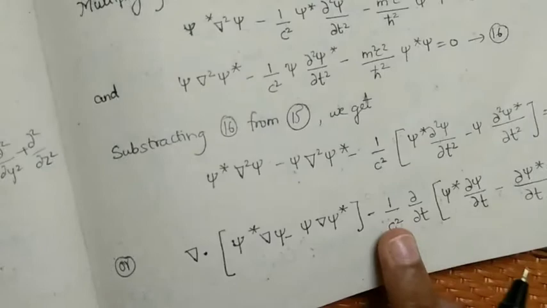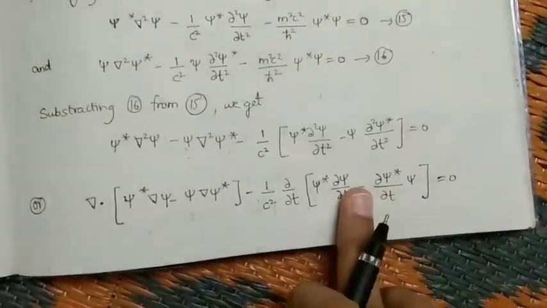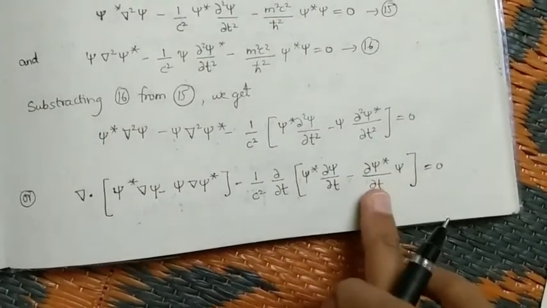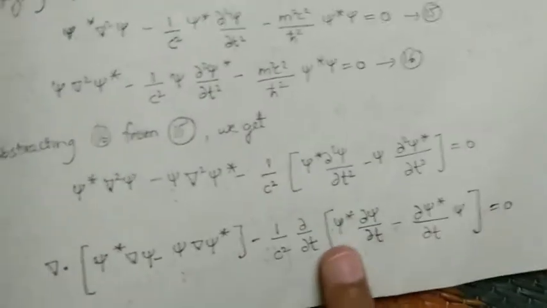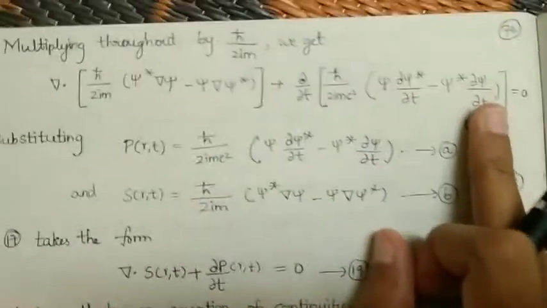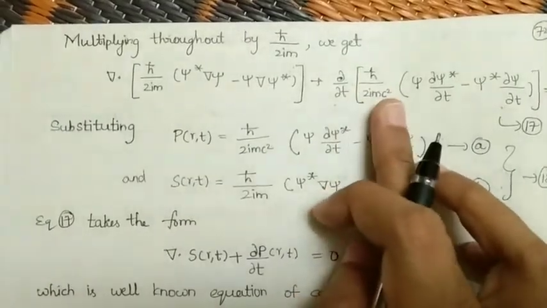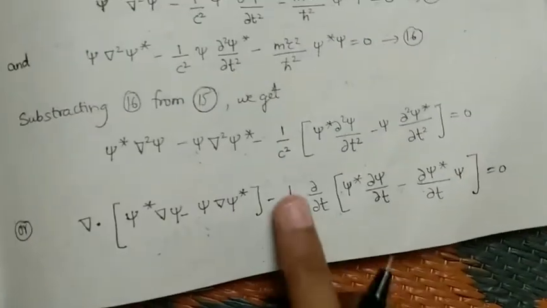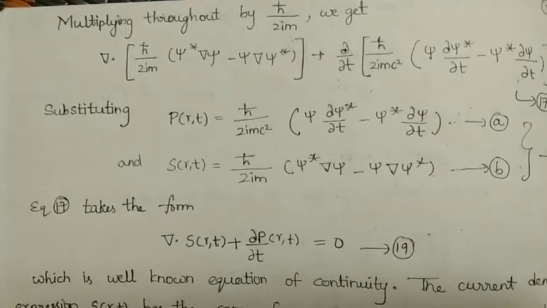Actually here minus was present, so this minus is taken inside. So what we get is ξ ∂ξ*/∂t plus ξ ∂ξ*/∂t, and minus ξ* ∂ξ/∂t minus ξ* ∂ξ/∂t. That is the term, and we are multiplying with ħ/2imc². This is a constant term, hence it is taken inside.